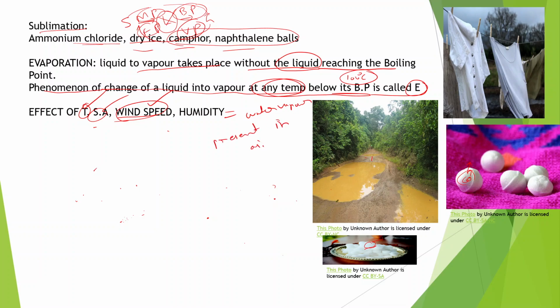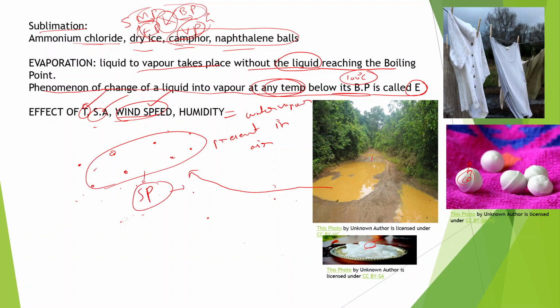You know that air is matter, air occupies space and volume, and the air particles have gaps between them, and these air particles will absorb water in the form of water vapor. And if they reach saturation point, that means satisfaction point, they can no longer absorb more water vapor.